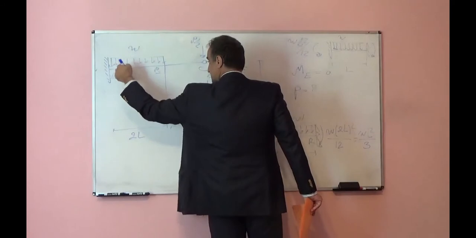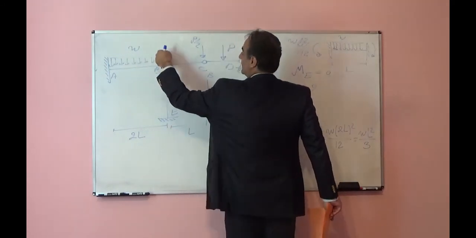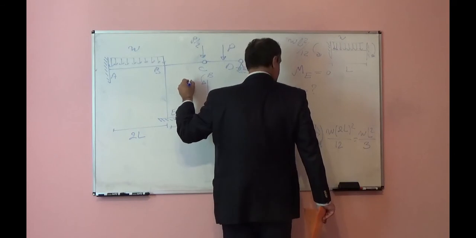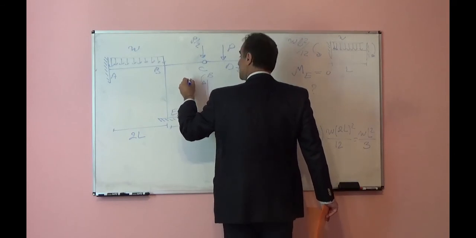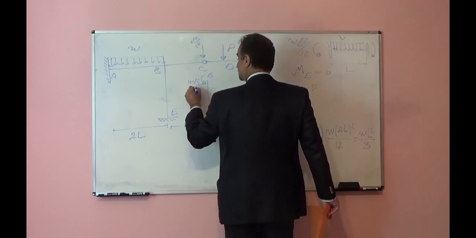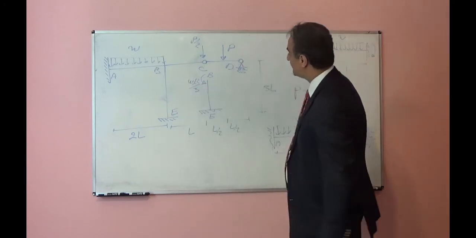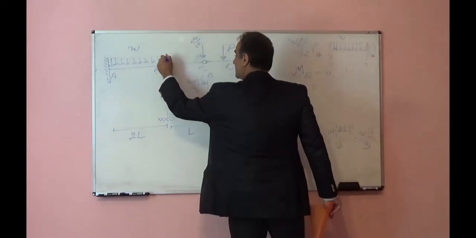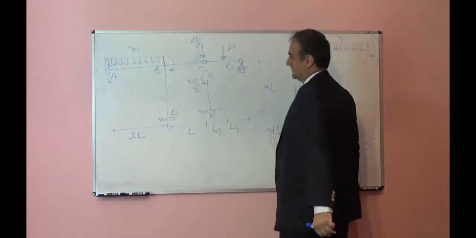This distributed load, if I prevent rotation at point B, will apply moment as much as W L squared over 3. How much moment will this load apply to the other side?